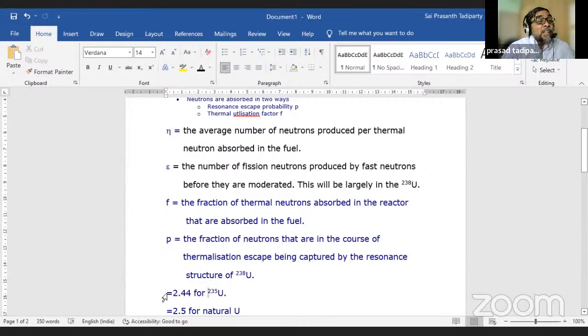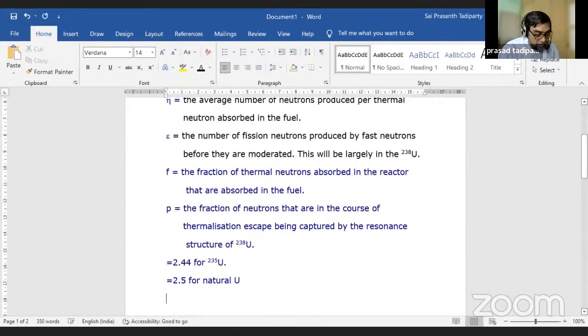So 2.44 into 1.03 is equal to 2.5. This is the logic behind this 2.5. So that is the average number of fission neutrons term.